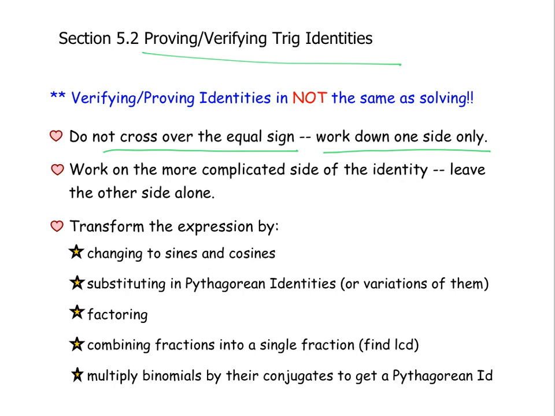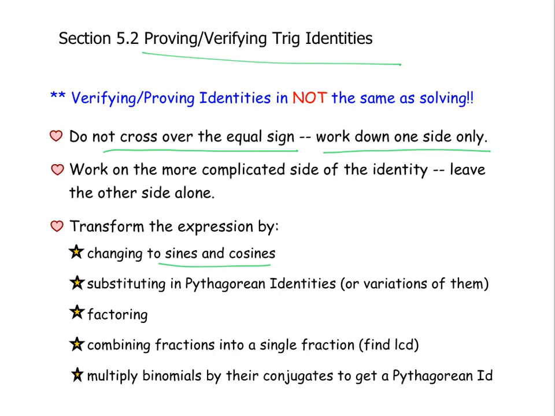So it's easier if we work on the more complicated side first and then leave the other side alone, because it's easier to go from something more complex to more simplified than the opposite. When we simplify one of the sides, we're going to do that by changing sines and cosines. So take your trig expressions, change them into terms of sine and cosine.